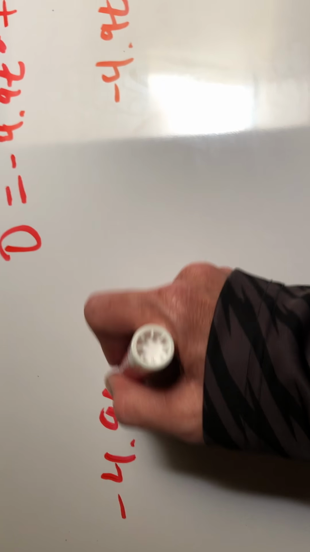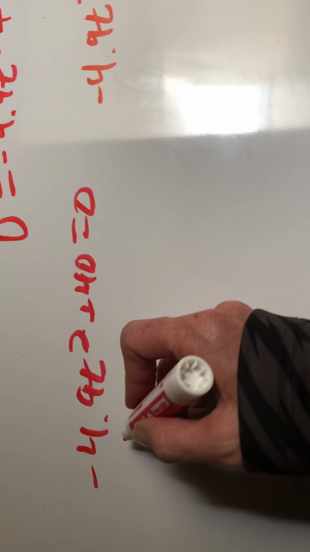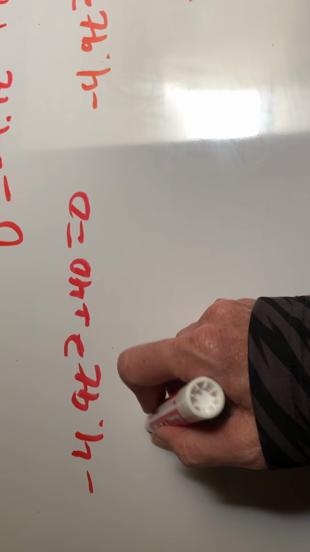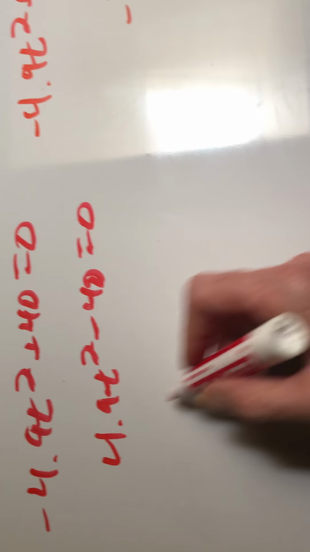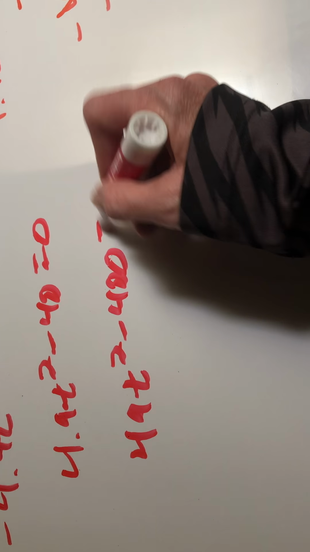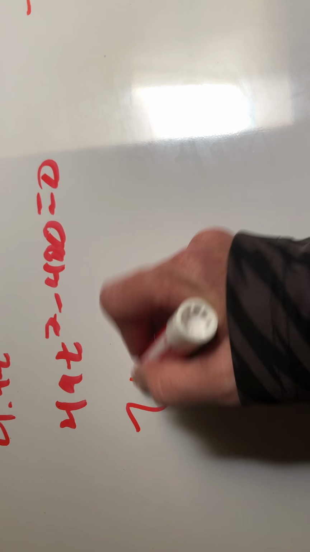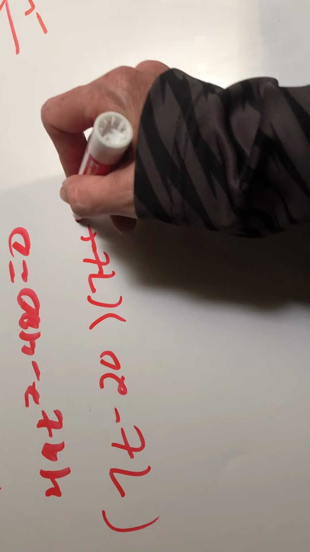Okay, now another way to do this, if you change all the signs, and if you move your decimal over once, 49t squared minus 400, it's the difference of two squares. So it would be 7t minus 20, 7t plus 20.